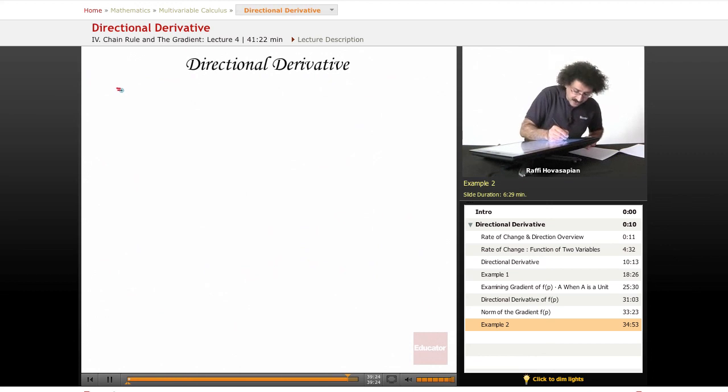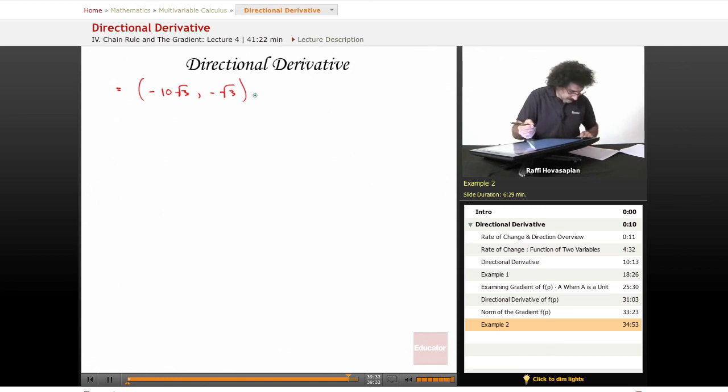So our final answer is minus 10 rad 3, minus rad 3. That's it, this vector. If I move in the direction of the vector minus 10 rad 3, minus rad 3, from pi over 3 at that point, that's the direction that's going to give me the maximal increase in the temperature, the direction of the gradient vector.